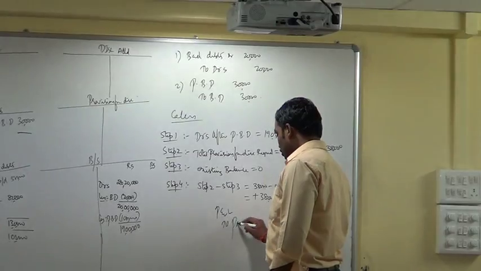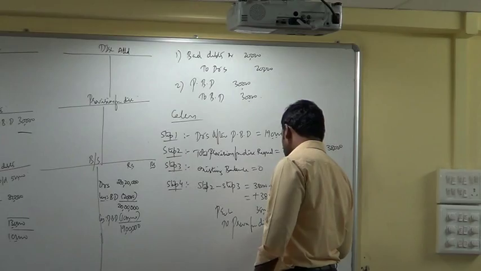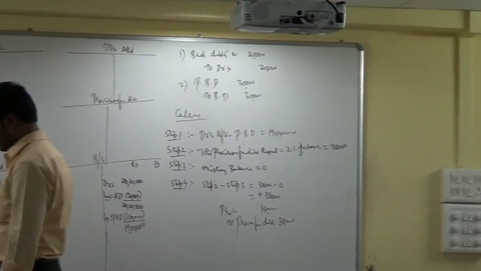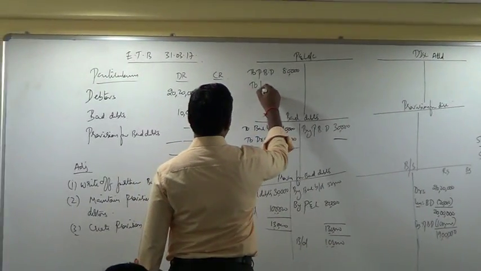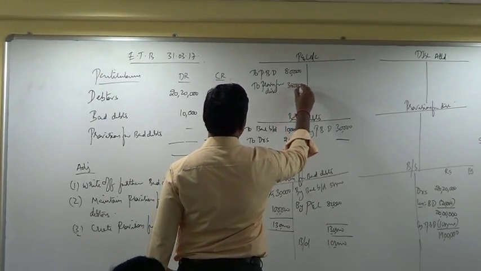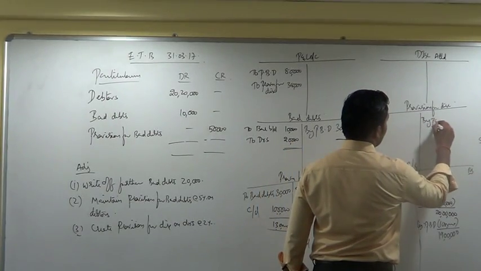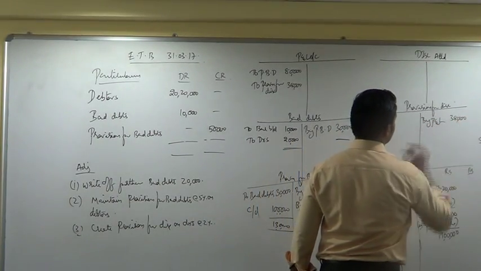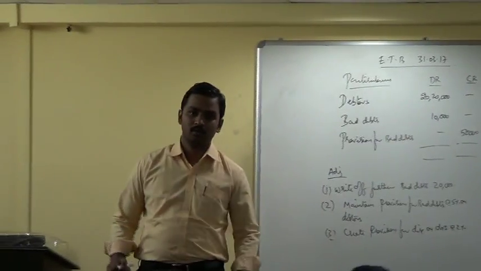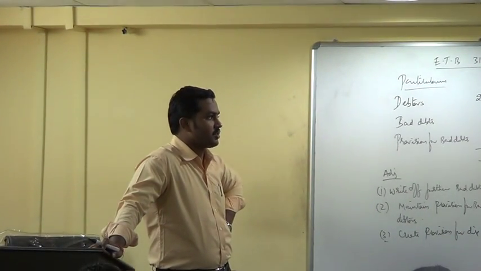P&L account debit, to provision for discount 38,000.